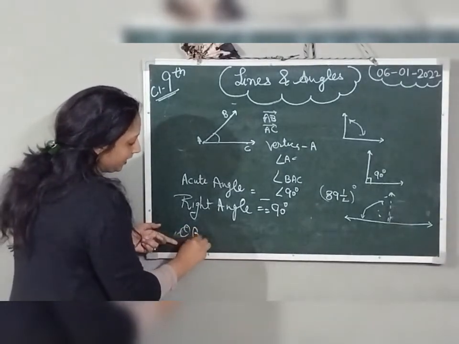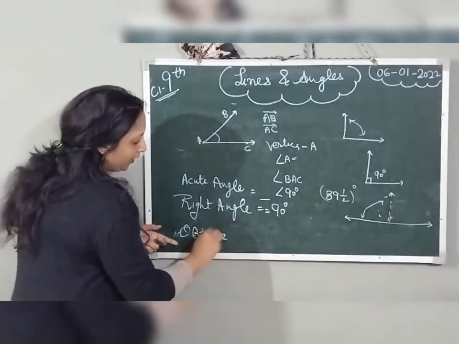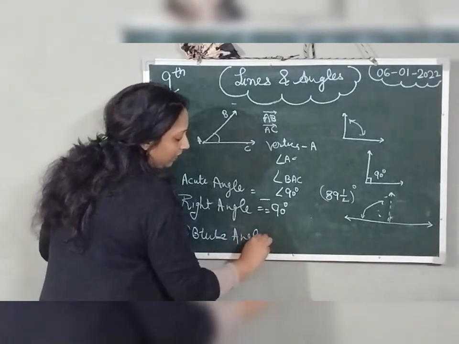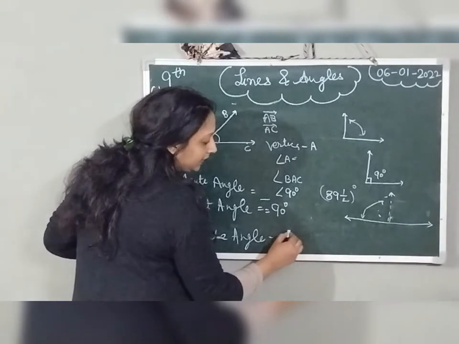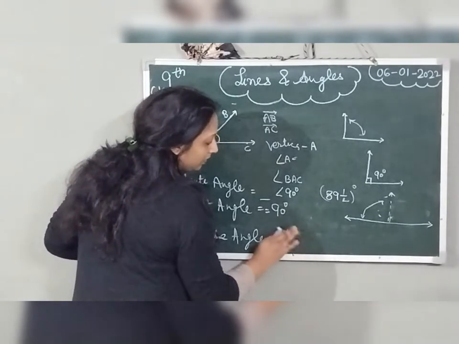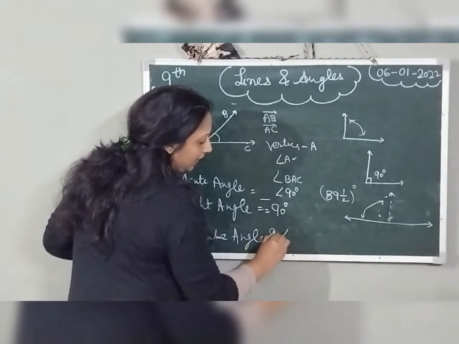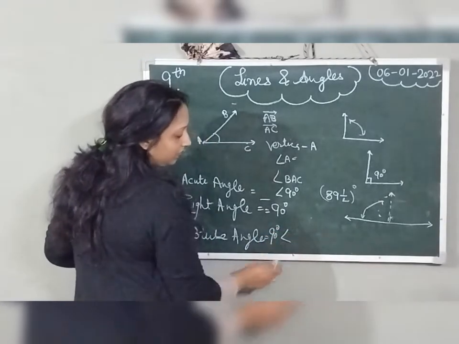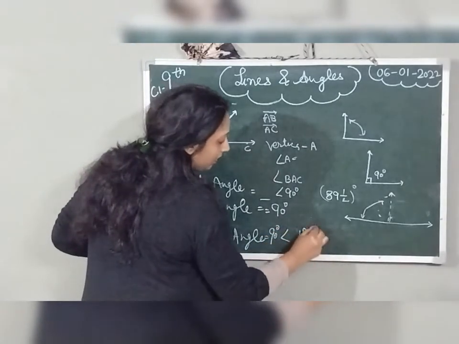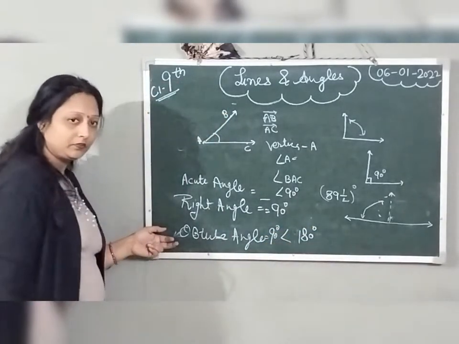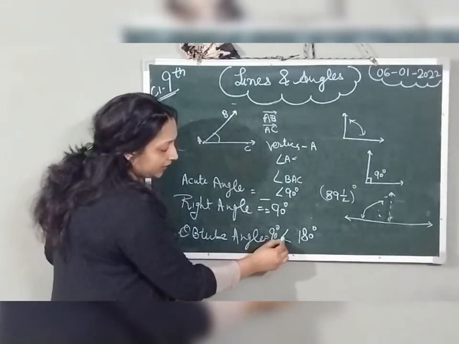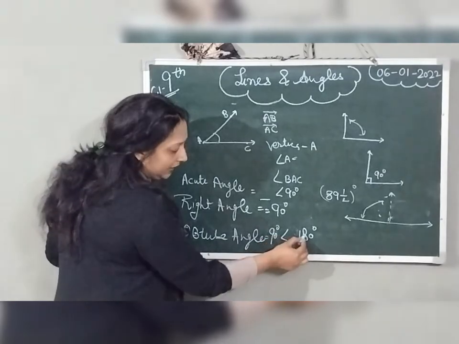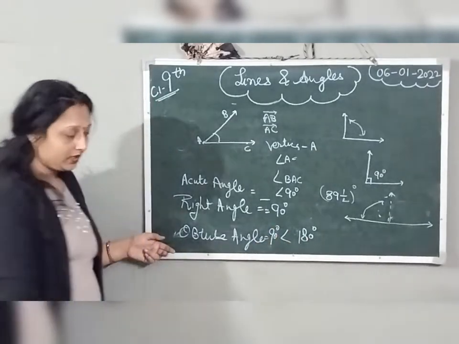Our next angle is the obtuse angle, that is greater than 90 degree and less than 180 degree.